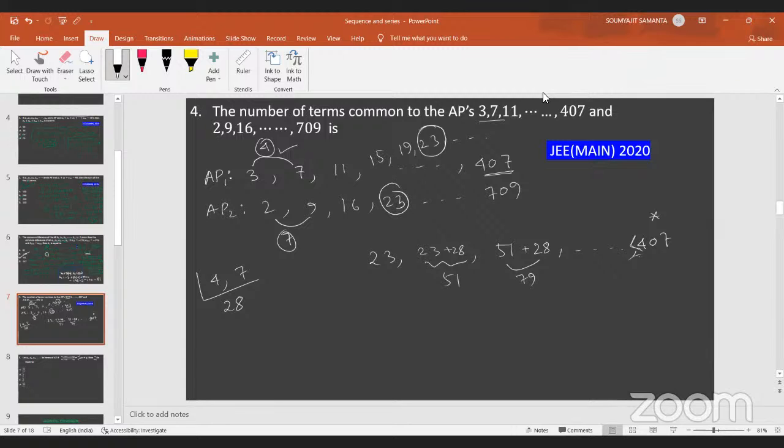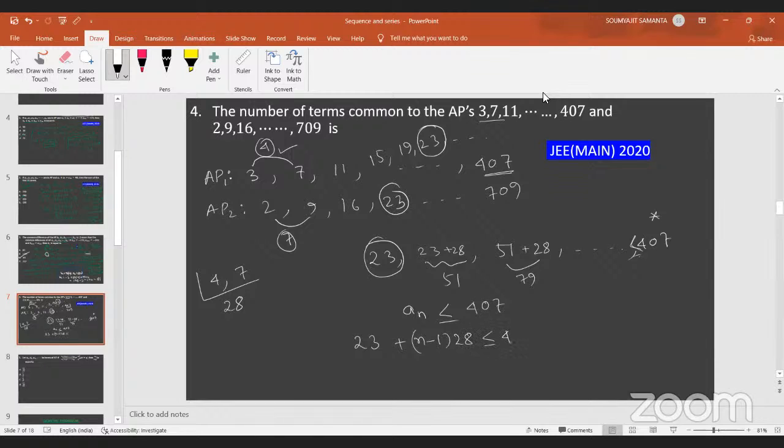We know the formula for AN. To find the common terms, AN is less than or equal to 407. What is AN for this AP? The first term is 23, so this will become 23 plus n minus 1 into D. We don't know the value of n, so we'll keep it as it is. D is 28.